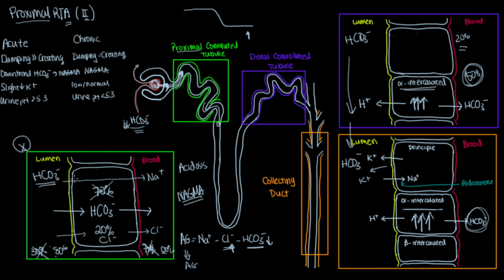Now, the other thing I would like to mention is that the proximal convoluted tubule is actually the main hub for much of the reabsorption of basically everything. So there's actually a syndrome called Fanconi syndrome, which impairs reabsorption of things more generally, not just bicarb, including phosphate, glucose, amino acids, and uric acid, for example, in addition to bicarb.